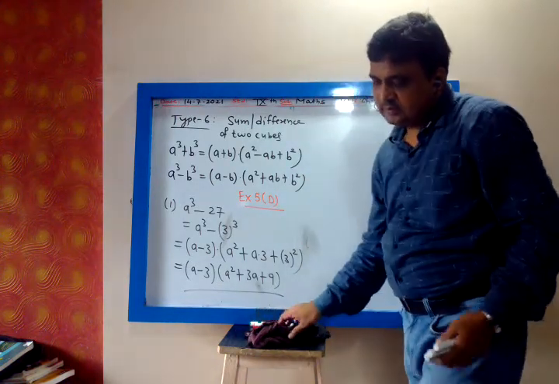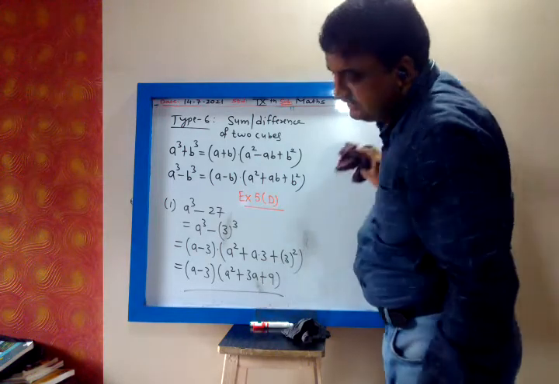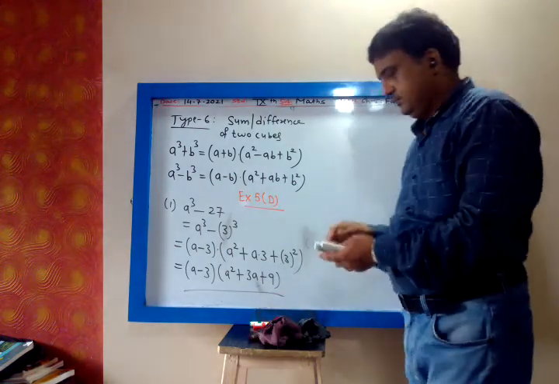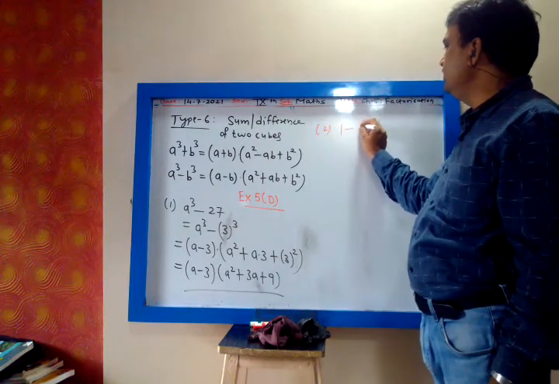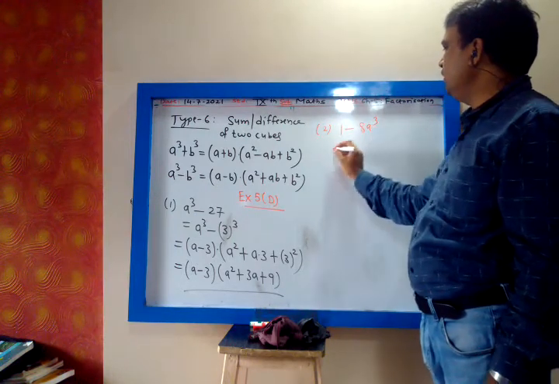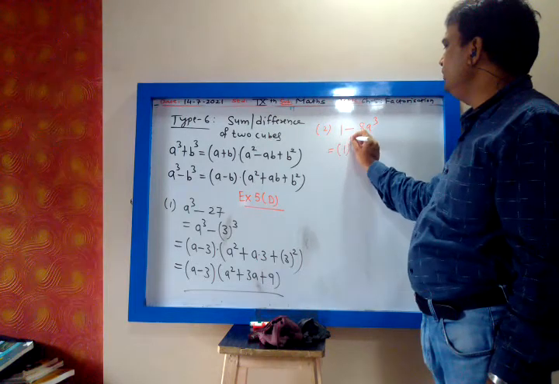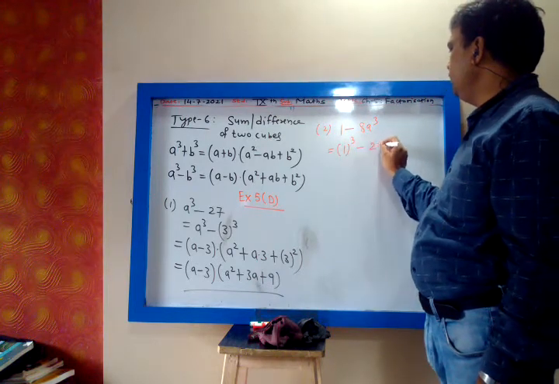Okay. Now next is 1 minus 8a cube. What can you write 1 as? 1 you can write 1 cube, and 8a cube is 2a whole cube.